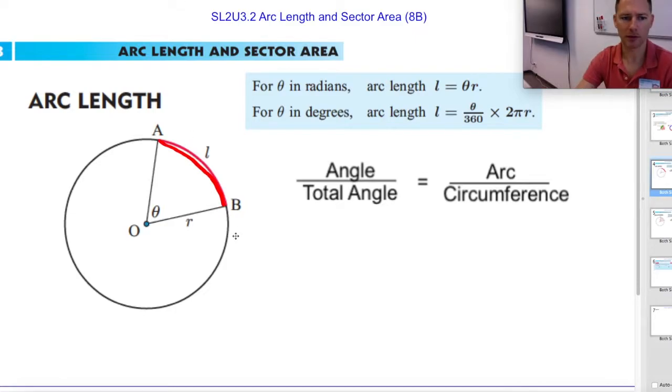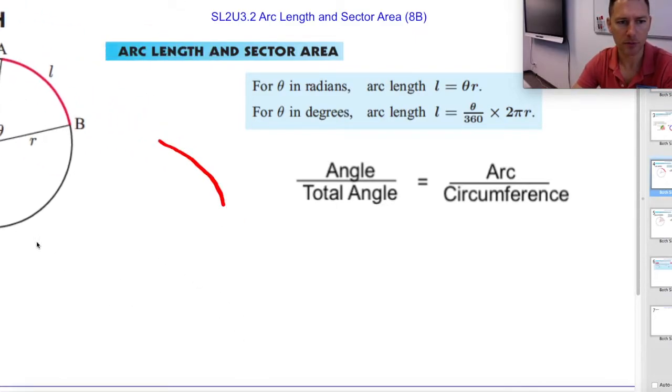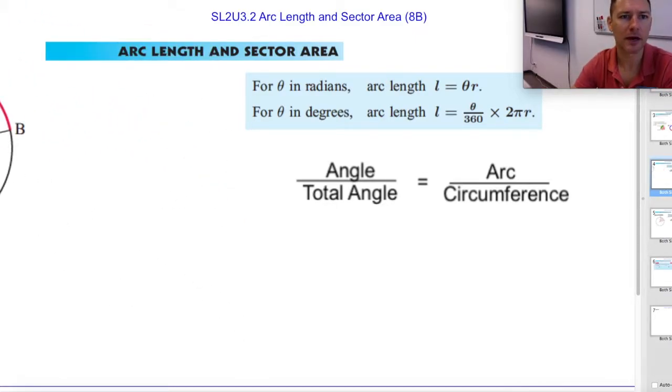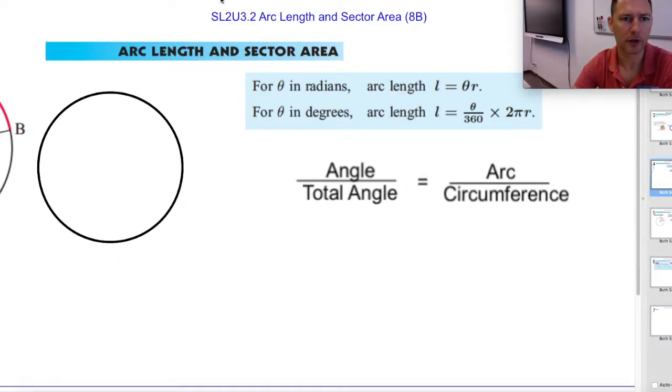So think about this. Let me move him for a second. Let's make our own circle. There we go. And let's say theoretically they said this is a 90-degree angle, and our radius is, I don't know, 5, something like that. And they want to find this amount of crust that you get, right?